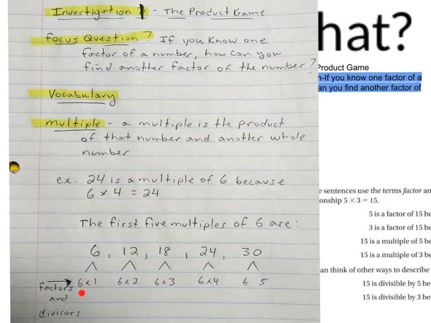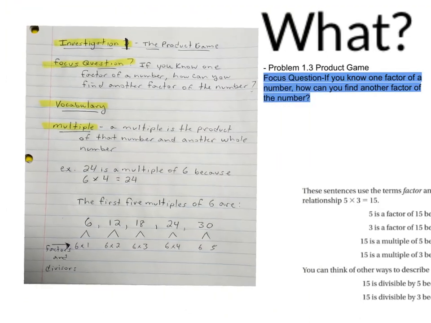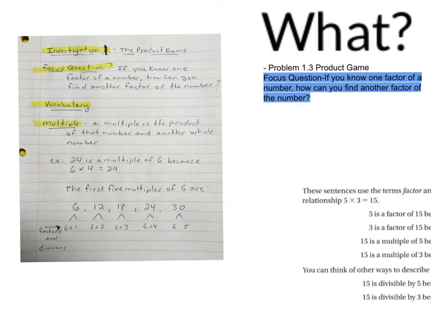So these are factors of the multiple, and also factors are divisors. So you can say 6 divided by 1 is 6, or 6 divided by 6 is 1. 12 divided by 6 is 2, 12 divided by 2 is 6, and so on. So that's our new vocabulary, and that's the what of what we're learning.